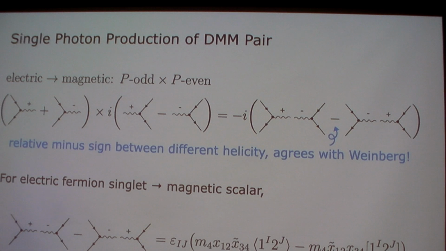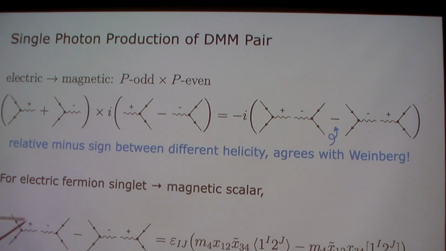And what we need to calculate for, let's say, fermionic singlet, because we said one of the sides must be singlet. So let's take the electric side to be fermion singlet, and for the magnetic side, let's take it to be scalar just for simplicity.